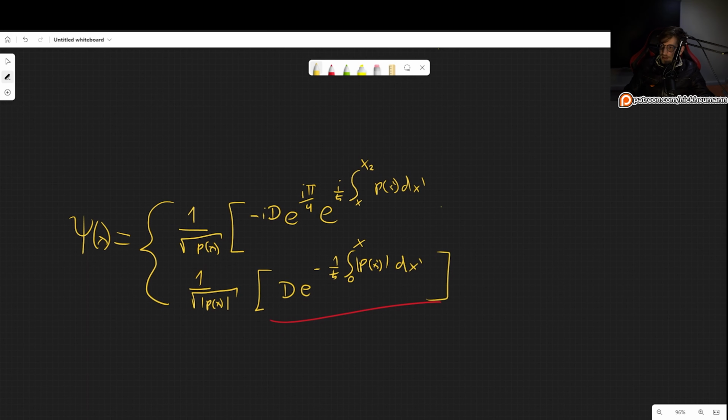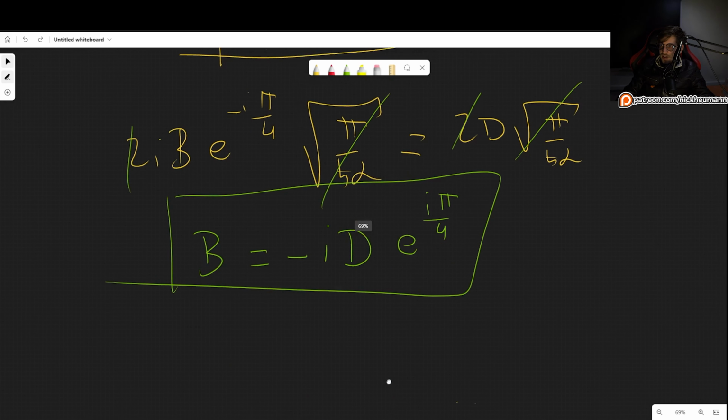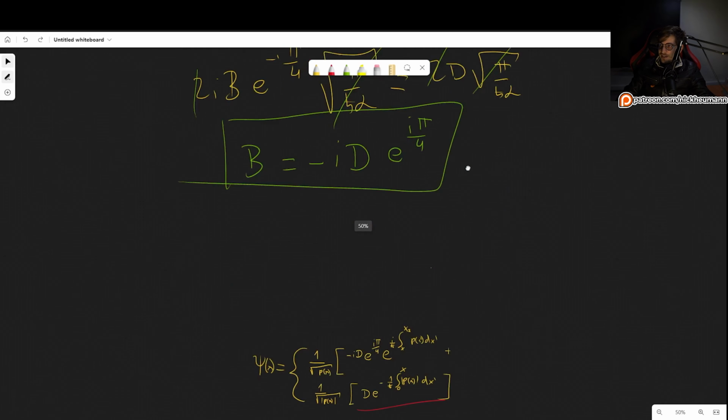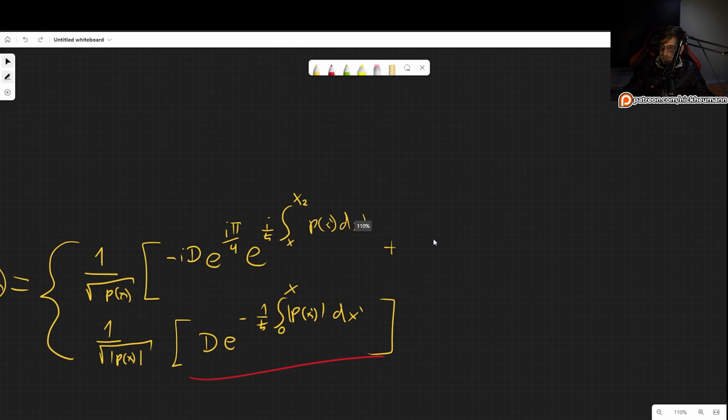And now we get plus c times the other exponent. But what was c? Well, c is id and the e to the minus I pi over 4, e to the minus I over h bar, integral from x to x2 of the momentum dx prime.